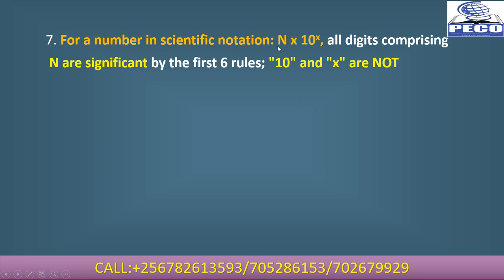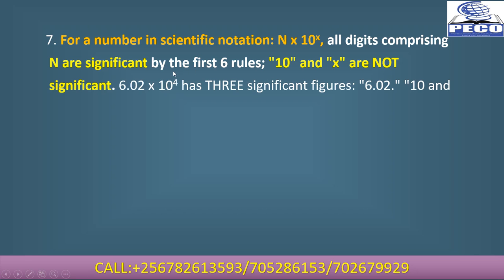So these values are significant, but these 10 and x are not significant. An example, 6.02 times 10 to the power 4 has 3 significant figures.